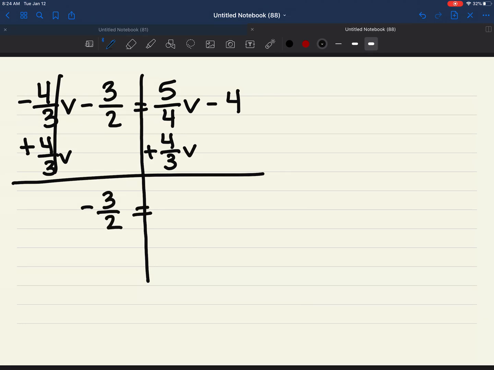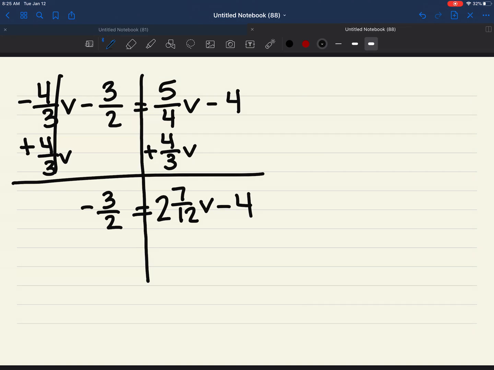What are you left with on the left side? -3/2 equal to what? What is 5/4 plus 4/3? Everyone should be checking this so we know we're getting the same answer. Okay, 2 and 7/12. Okay.